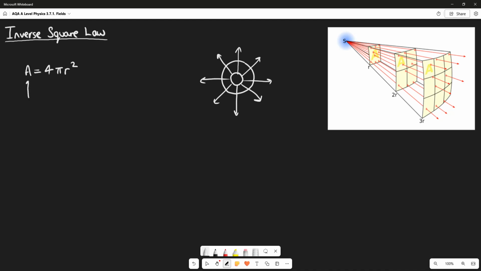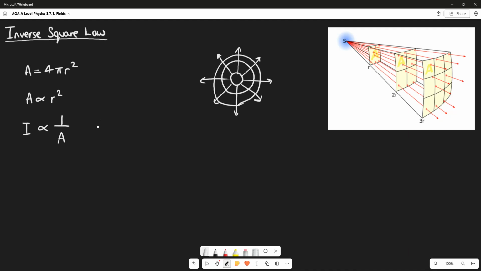So if the surface area is increasing proportional to the square of the radius, then the strength of the field is decreasing in proportion to this. The strength of the field is being spread across a greater and greater area. So if this was the study of a light source and the light intensity as we get further away, then the light intensity is going to be decreasing the greater the area.